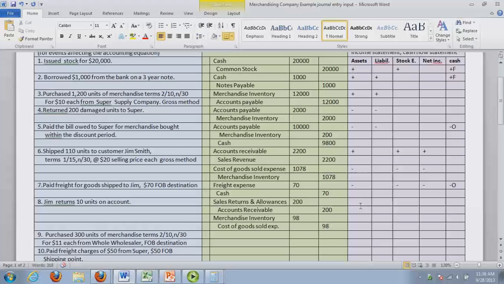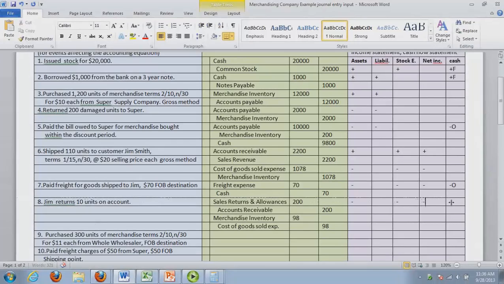So the effect of returning merchandise should be just the opposite of the effect of selling it. I have less accounts receivable. I have less retained earnings. Sales returns and allowances has a similar effect to an expense. It's going to cause retained earnings to go down, and I have less profit because I have less revenue.